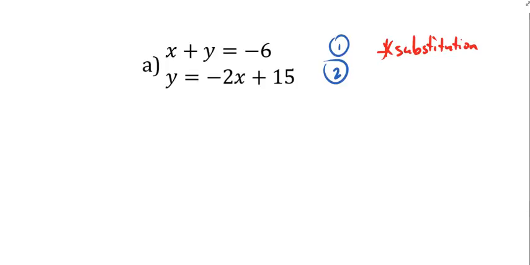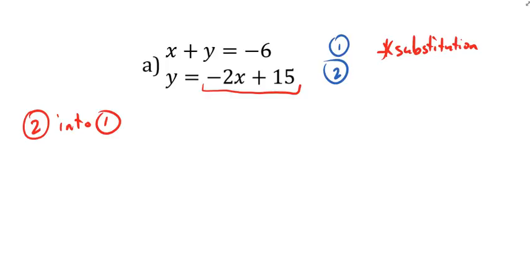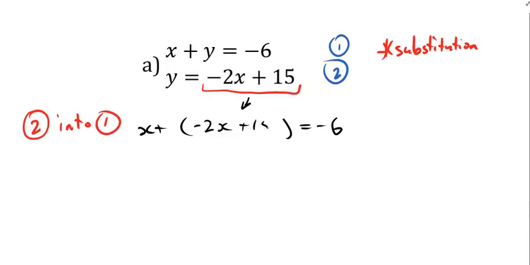I'm going to go equation 2 into equation 1 because this one's already isolated. And if you want to watch what that looks like, it looks like this. x plus y equals -6. But what is my y? It's that. So -2x plus 15.